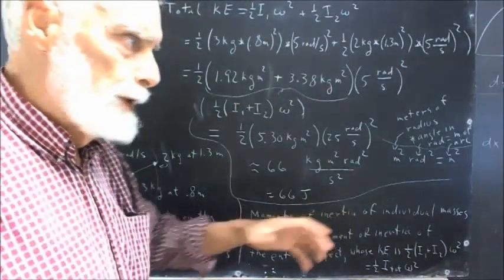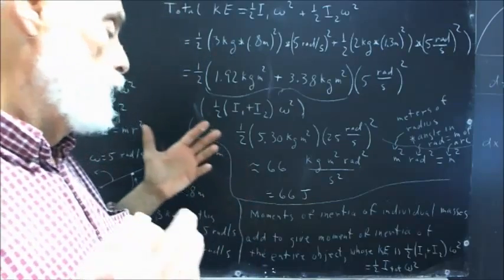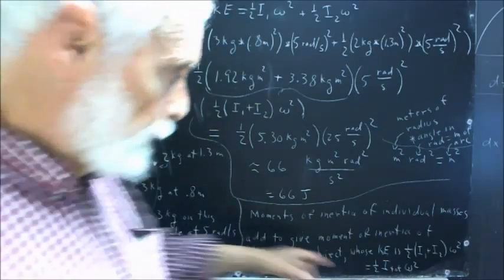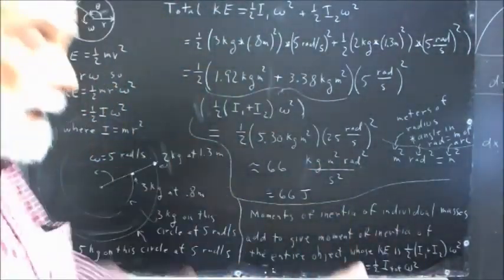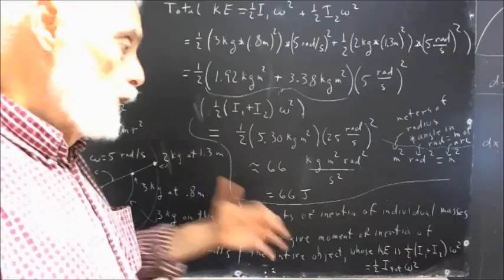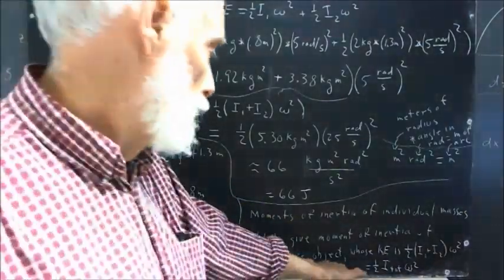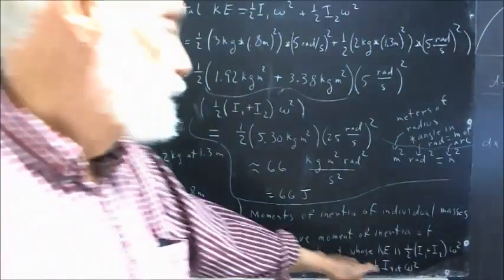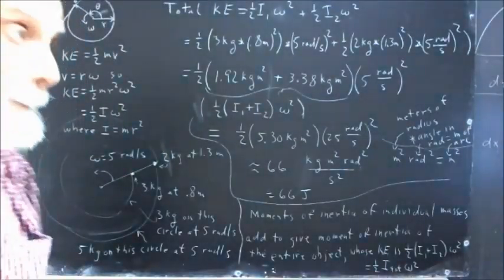So if we have an object consisting of many masses, we can extend this argument, and we can add those moments of inertia to give us the moment of inertia of the complete object. And if that object is rotating with some known angular velocity, we can calculate its kinetic energy by just doing 1/2 total moment of inertia times omega squared.